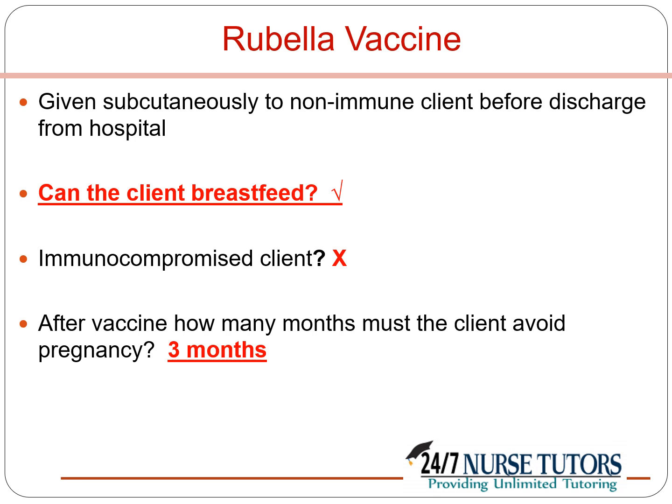No. After vaccine, how many months must the client avoid pregnancy? 3 months. Rubella is usually a mild, self-limiting viral infection. Its major complication of maternal infection in early pregnancy is congenital rubella syndrome, or CRS.